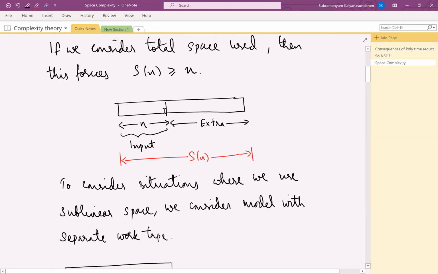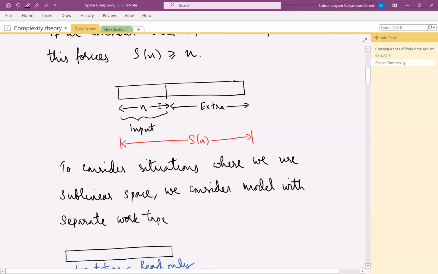Now, the Turing machine may or may not need extra space, but for sure we need to use n symbols on the tape to encode the input, right? By definition, n is the length of the input. So the total space usage is the space taken for storing the input, which may or may not be overwritten during the algorithm, and then, if required, extra space, right?